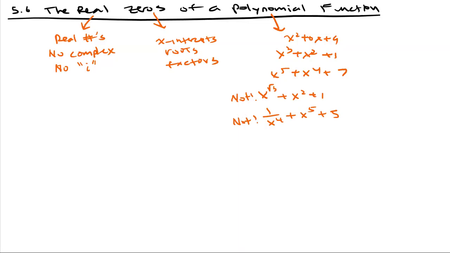So anytime you mess with the power, then it's no longer a polynomial. And the function here again means it passes the vertical line test. So that's what this title is referring to.